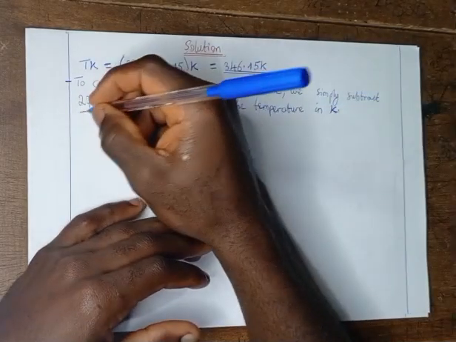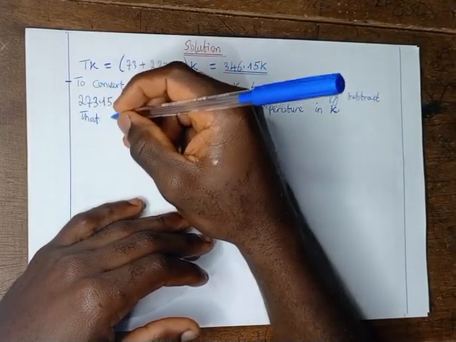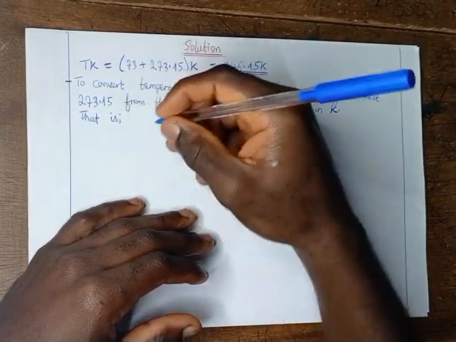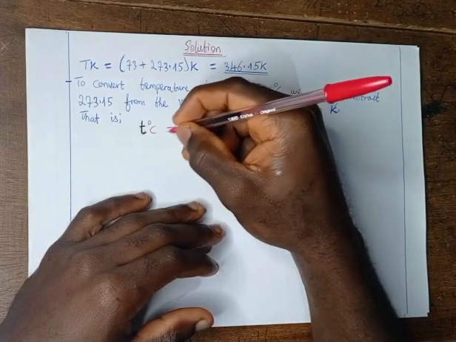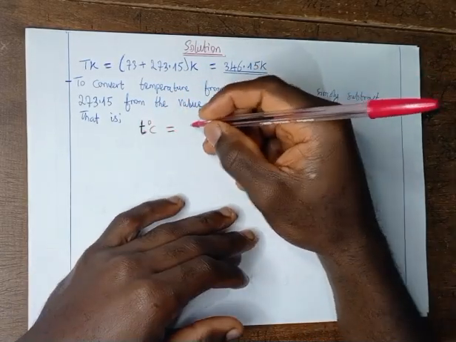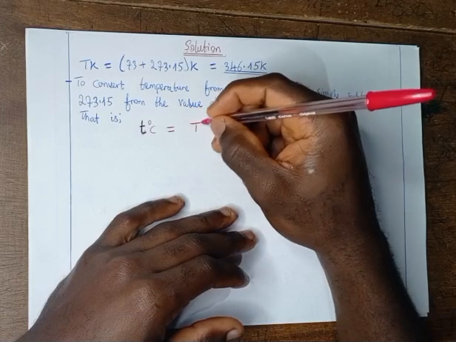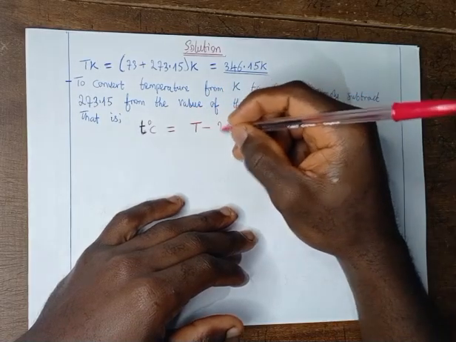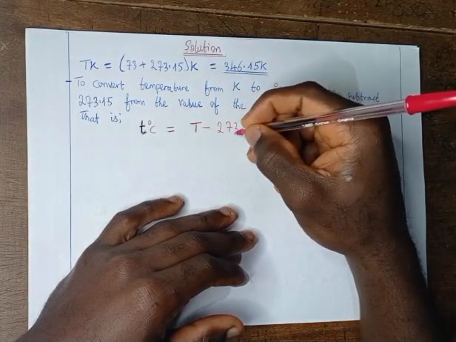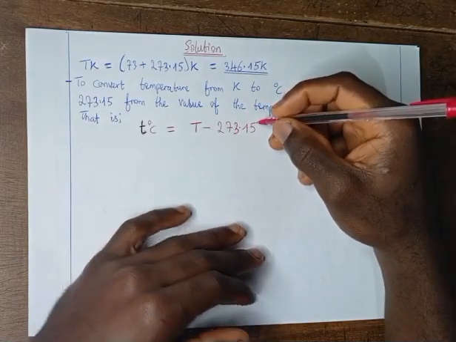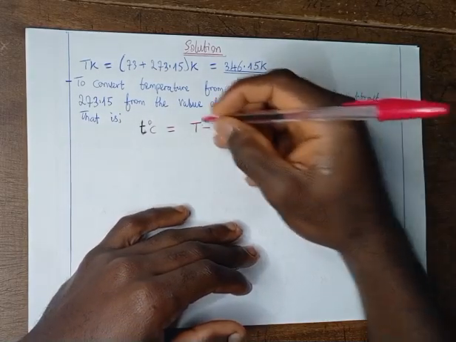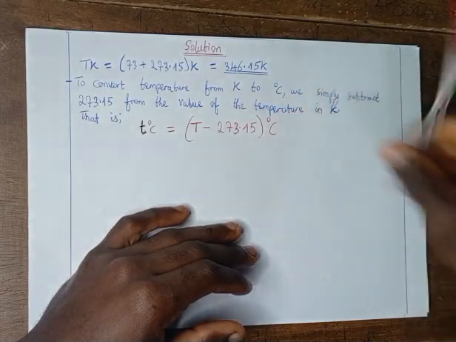That is, the temperature in degrees Celsius will simply be equal to the value of the temperature in Kelvin minus 273.15. All this will be in degrees Celsius as the unit.